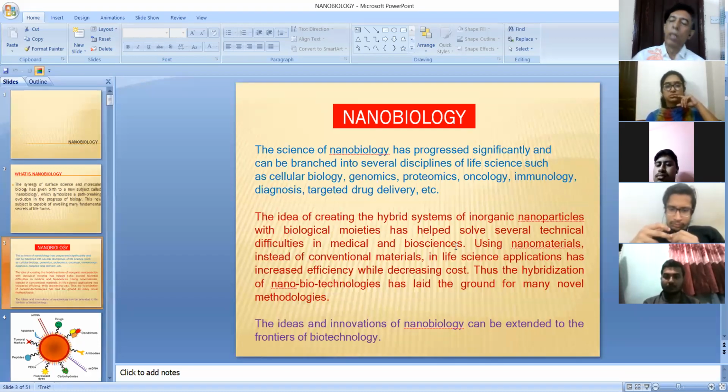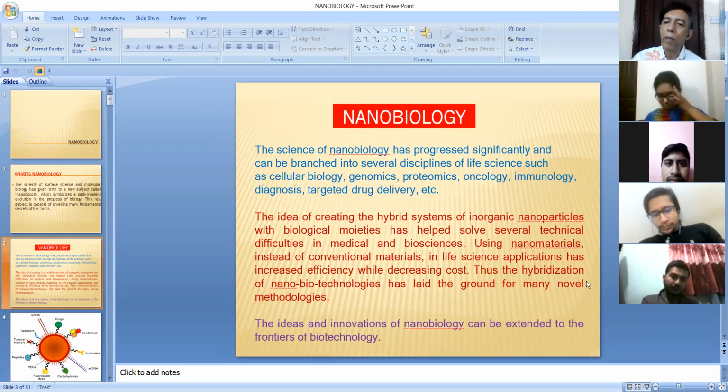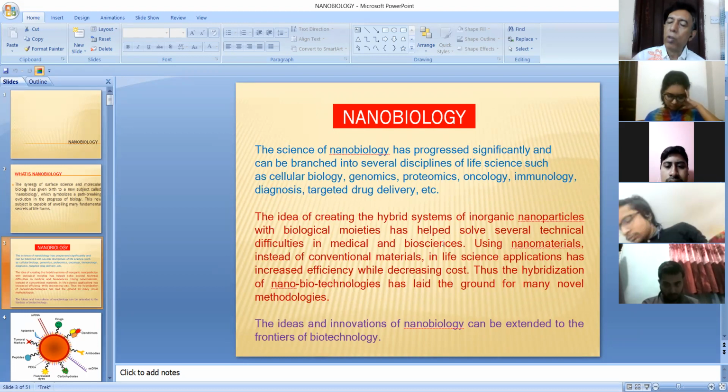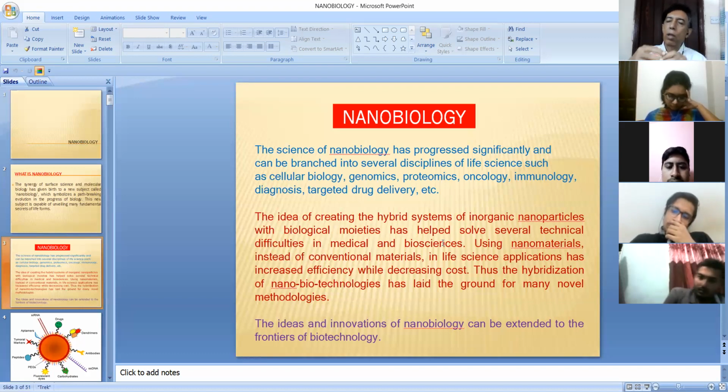If you mix an inorganic nanoparticle with a biological moiety, say for example with protein or with DNA, then it will help to solve several technical difficulties in medicine and biosciences that medical science cannot solve alone with these biological molecules. But when you hybridize an inorganic particle with that biological molecule, they can solve the problem.